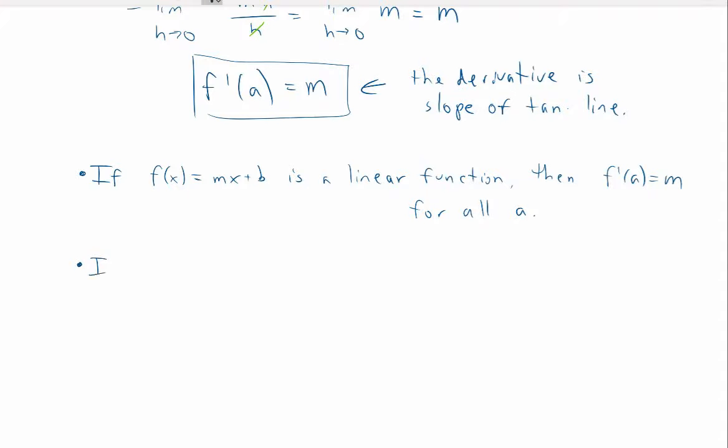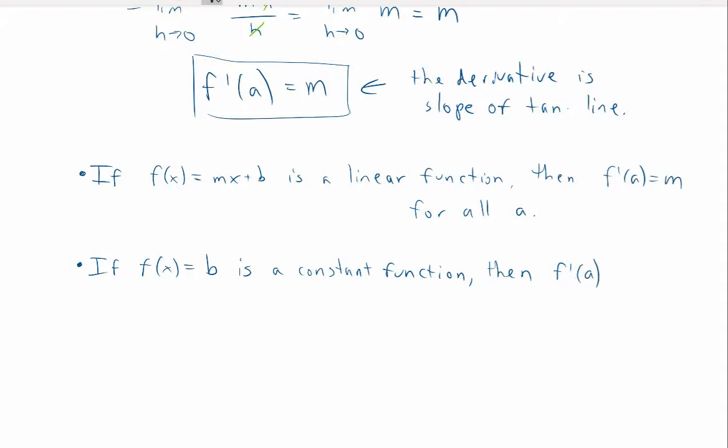Another rule comes from that really quickly and easily. Suppose f of x equals b. It's a linear function, but a more specific example. If it's just equal to some specific constant, we call that a constant function. So what's the slope of a constant function?